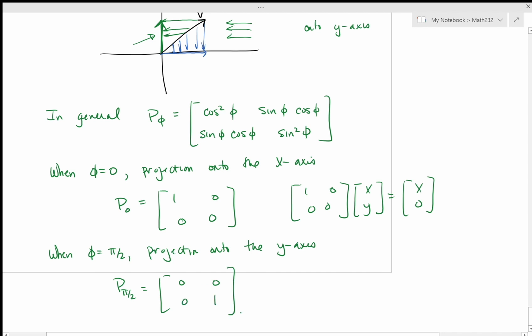We pick up the y component, but we can do it onto any line. And that gives us the ability now to set up matrices that rotate by any angle we want, that reflect across a line of any angle that we want, and that project upon a line at any angle.